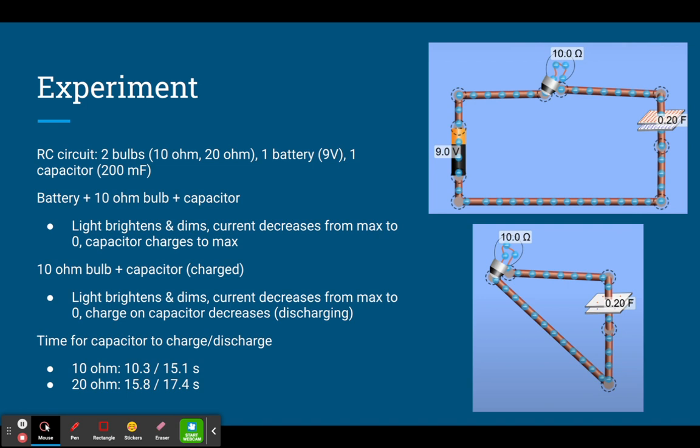And then for the charged capacitor and the 10 ohm bulb, the light also brightens and dims, the current decreases from max to 0, but the charge on the capacitor decreases as it's discharging. And the times for the capacitor to charge and discharge are listed below, for the 10 ohms being 10.3 and 15.1 seconds, and for 20 ohms being 15.8 and 17.4 seconds.